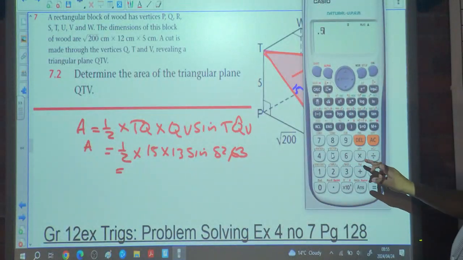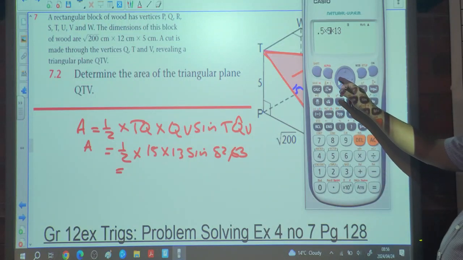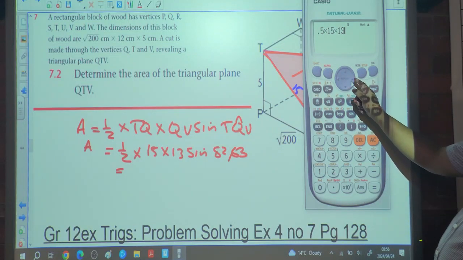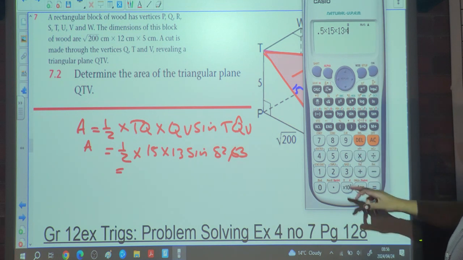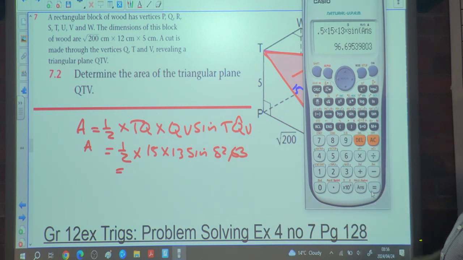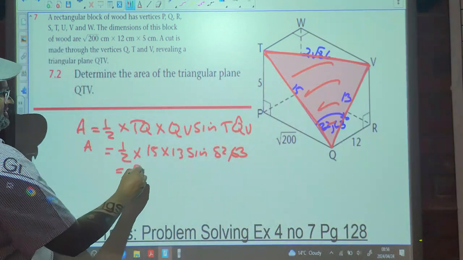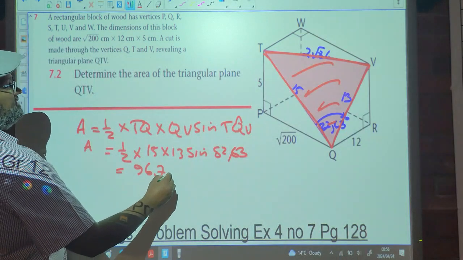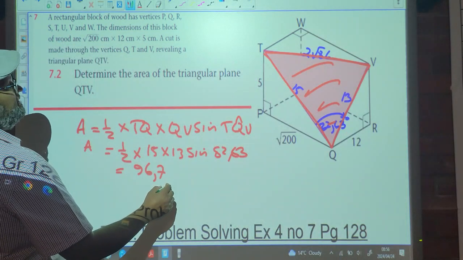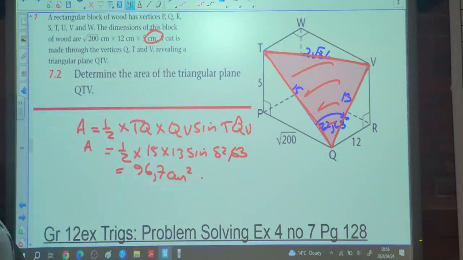So it's half times 15 times 13 sine of that angle. 96,7. Is that correct? Huh? 96,7 centimeters squared, as you can see. It's given in centimeters.